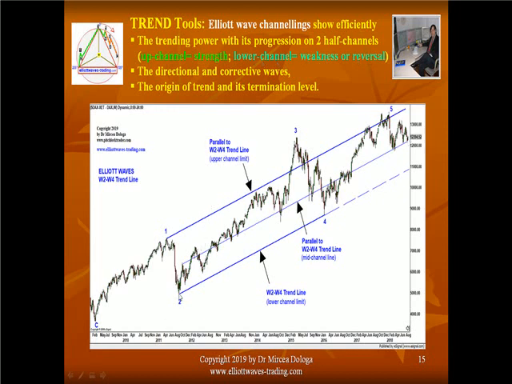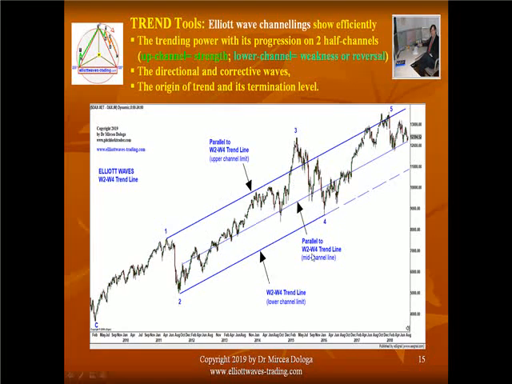What is important to know is its construction: we link the end of W2 with the end of W4, and it gives us the W2-W4 trend line, which is the lower channel limit. If we take a parallel starting from the end of W1, we get another trend line, which is the upper limit of the channeling, and it's parallel to the W2-W4 trend line.